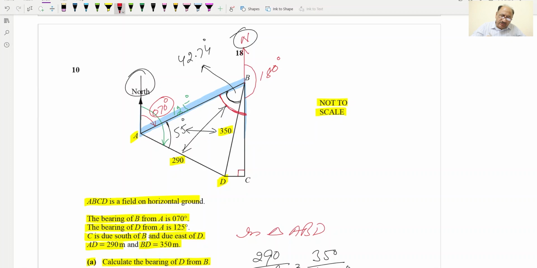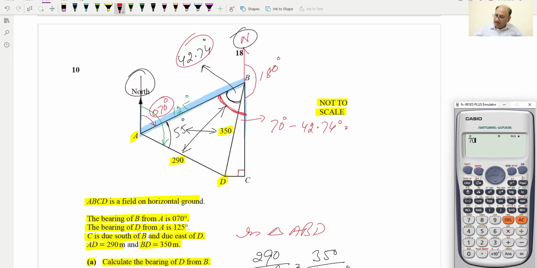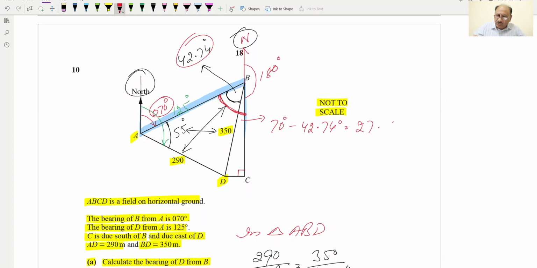The remaining angle, this inner angle, will be 70 minus 42.74 degrees, and this one we can calculate. 70 minus the answer is equal to 27.26. We can round to 2 dp.